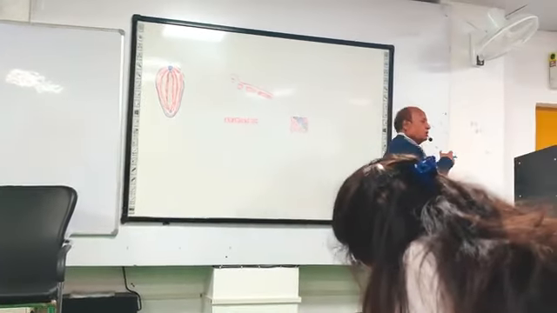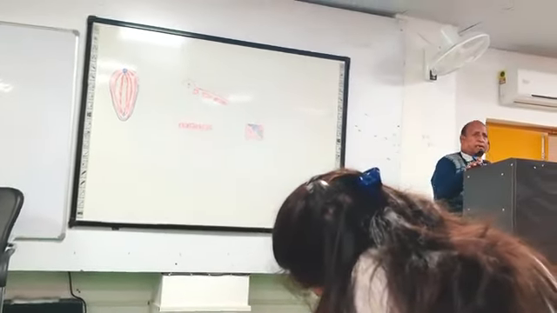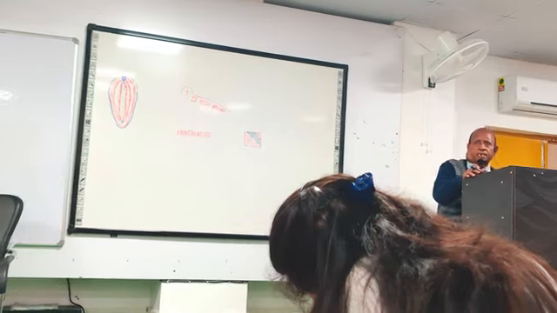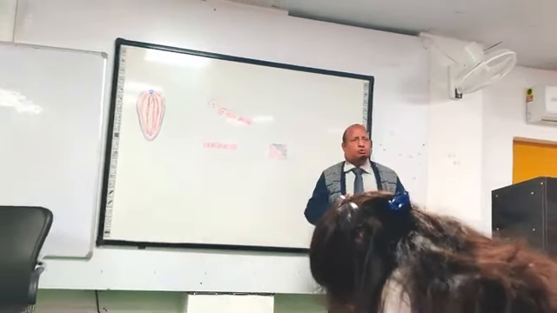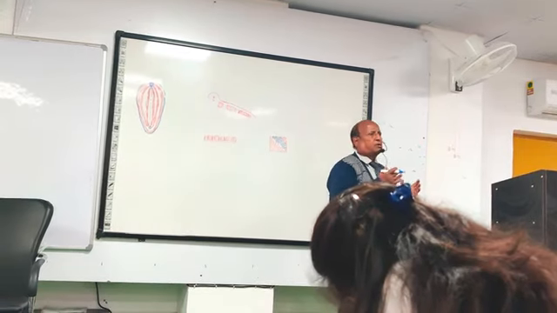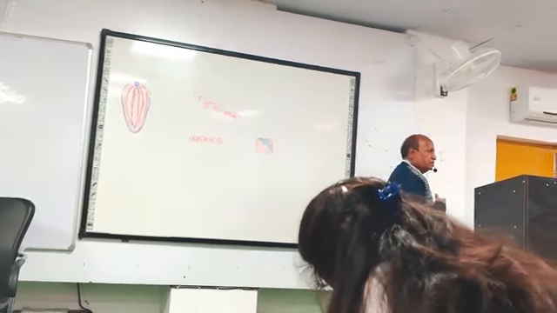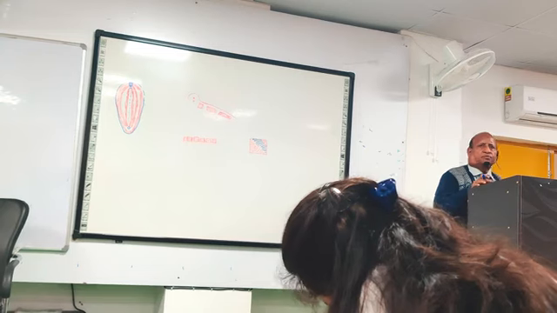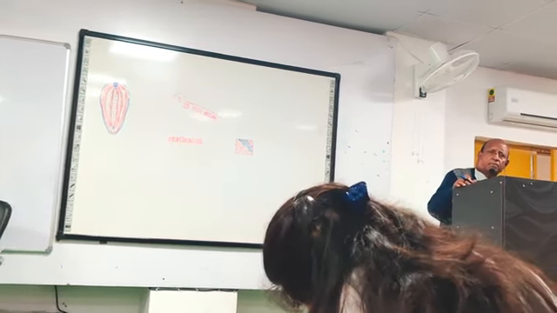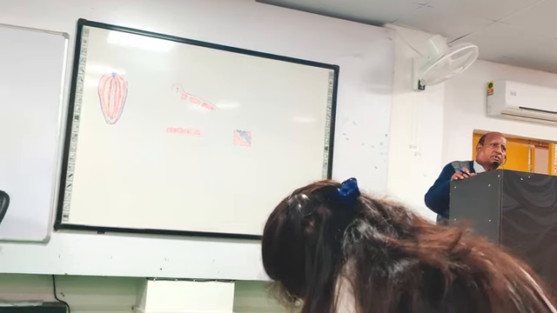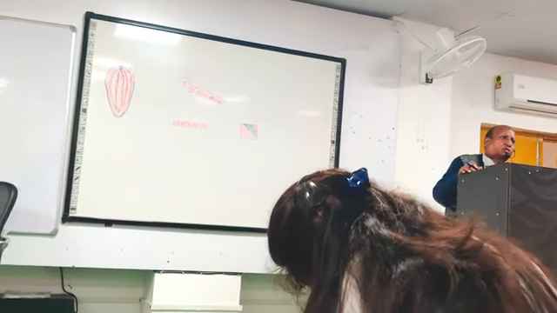Some are developing more rapidly and some more slowly. Due to this differential growth and proliferation of the primitive streak, the mesoderm becomes differentiated into three zones.